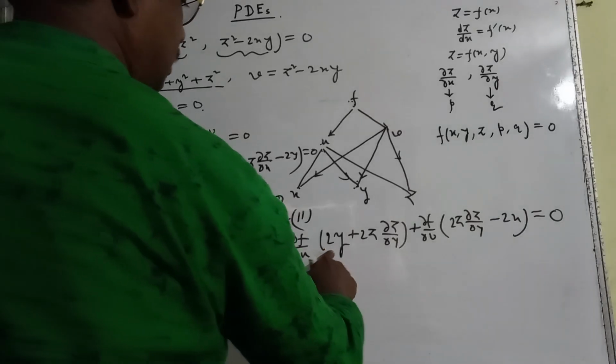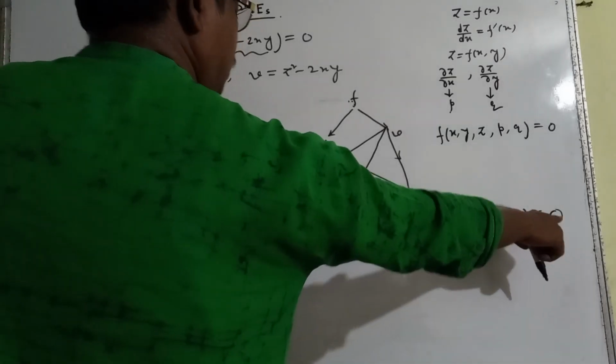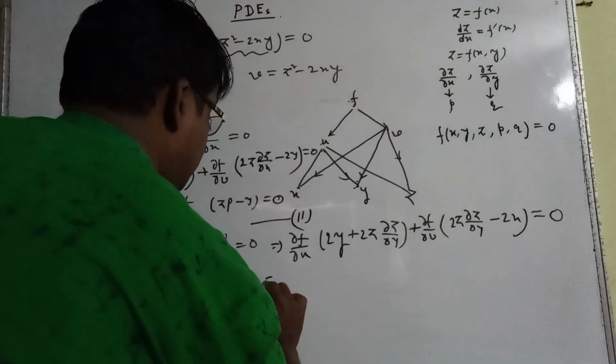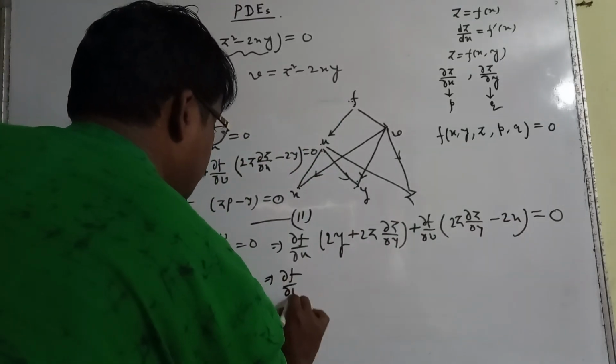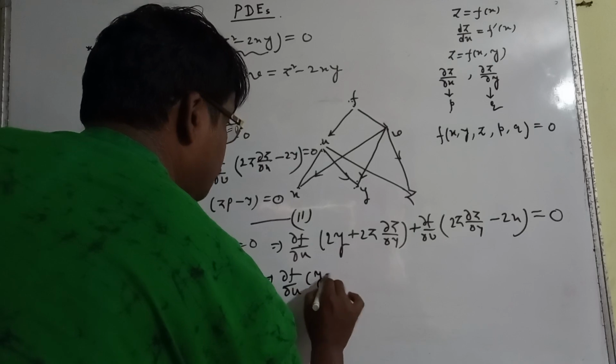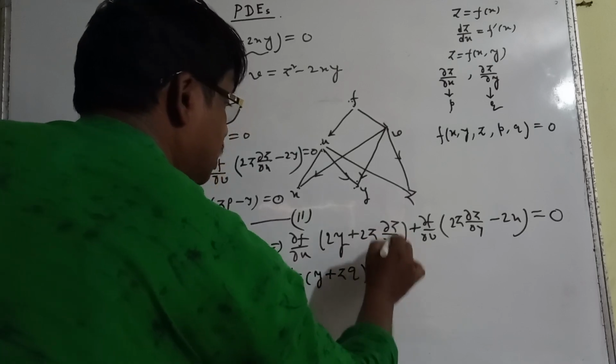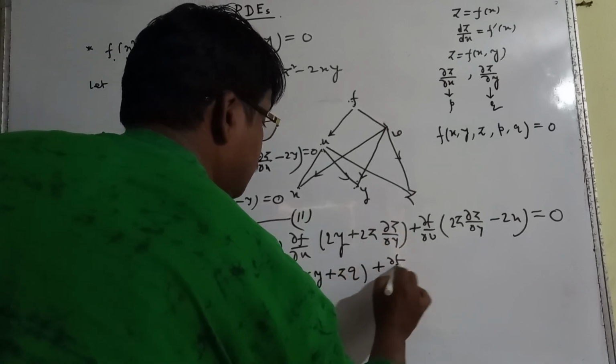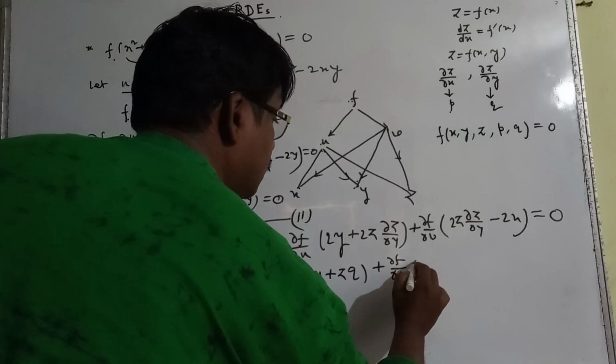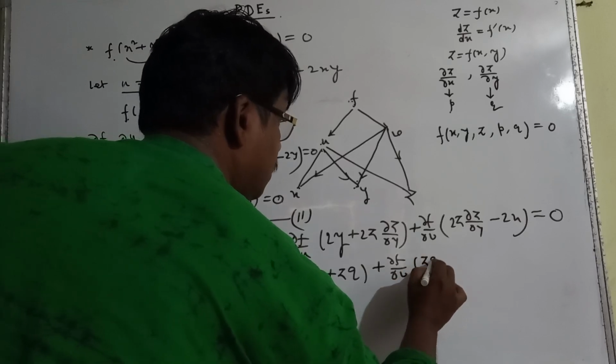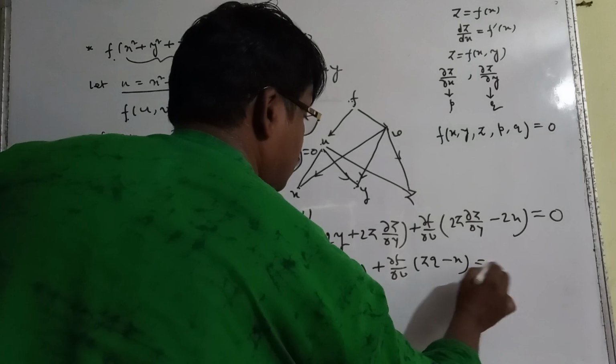From here we can take 2 common, 2 cancels because of 0 here. So we write del f del u, y plus z q, where q is del z del y, plus del f del v, z q minus x equal to 0.